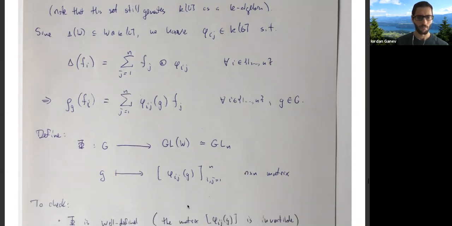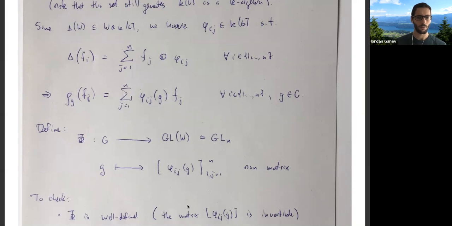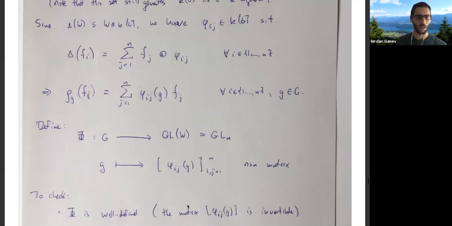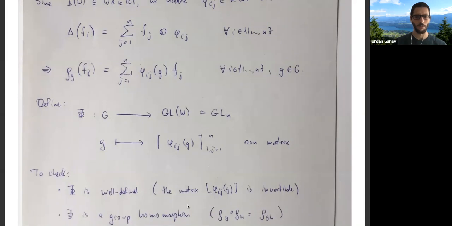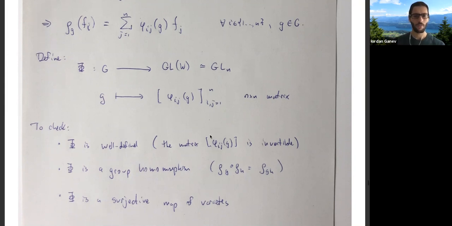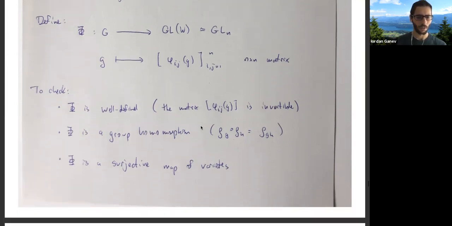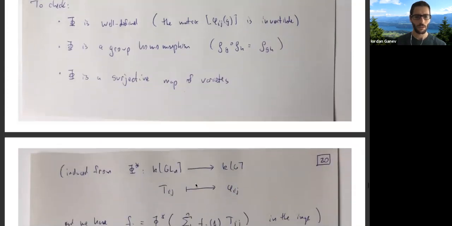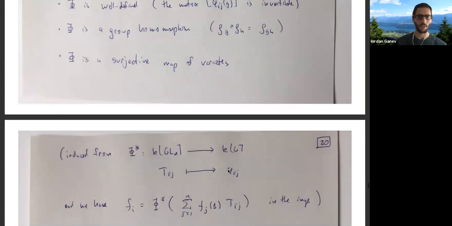So actually the rest of the proof is just checking that this is the right thing to do, so that this gives the result. I won't go into it, but you can check that it's well defined. For this, the only thing to do is to check that this matrix is invertible, but that's pretty straightforward. It's also a group homomorphism, and that comes down to this fact here. And it's surjective, and the reason is that you can write down what it's induced from.